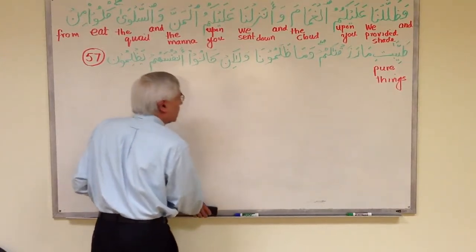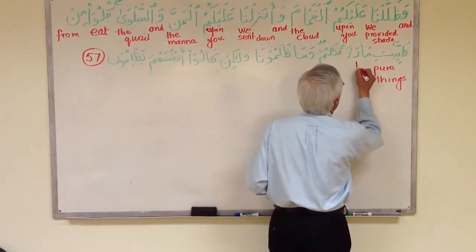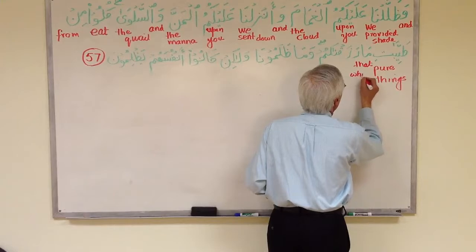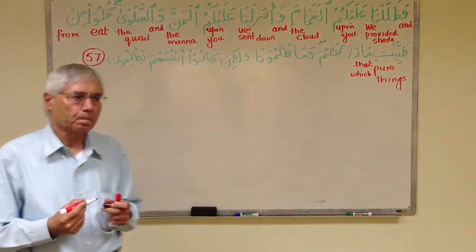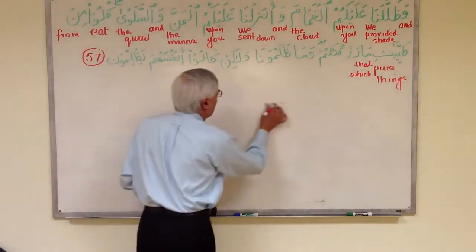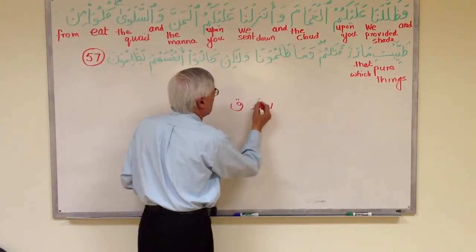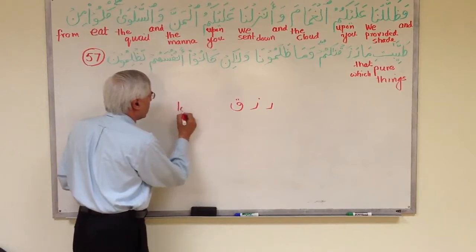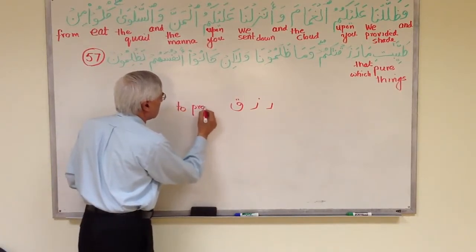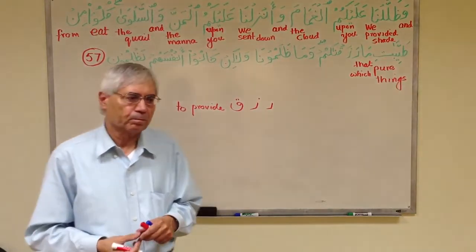Now the next word is ma. Ma means that which. The next word starts with these three letters: razaqa. This means to provide, to give, to provide.